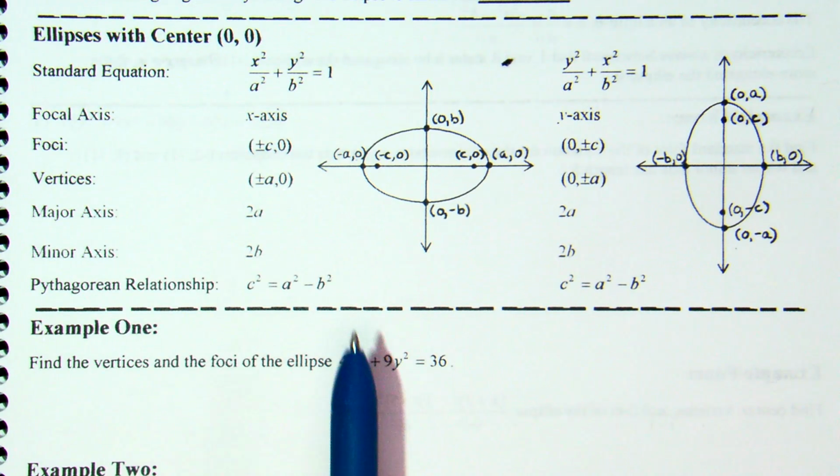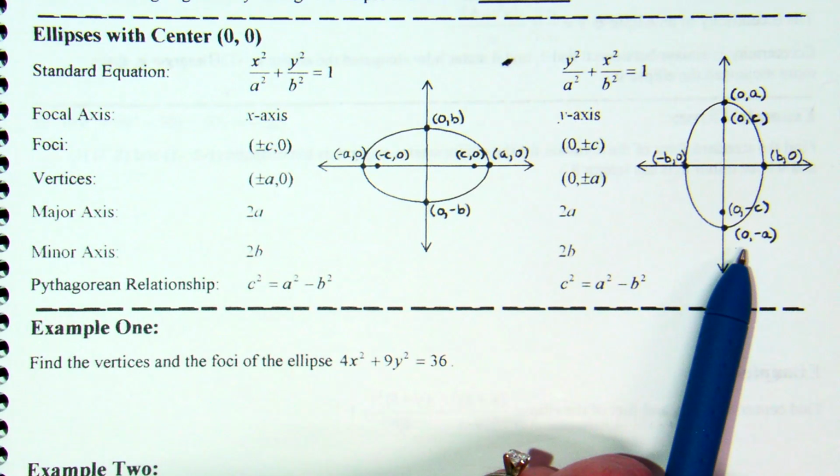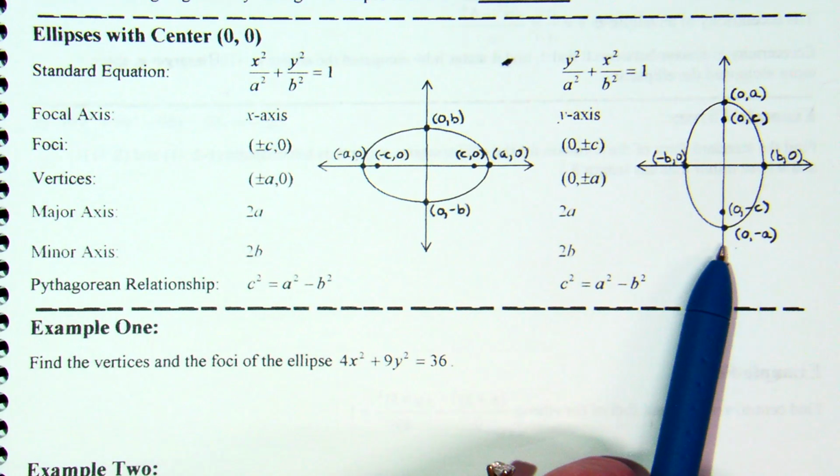As you look at these ellipses, notice we have a left column and a right column. Just like parabolas, we have two columns of information. On those, the first column was the parabola opening up or down. The second column was the parabola opening left or right. With an ellipse, what do you notice?